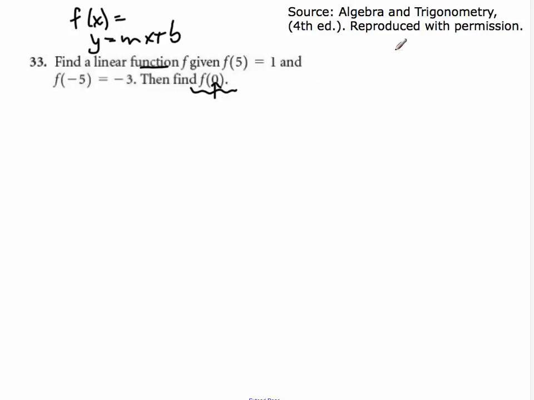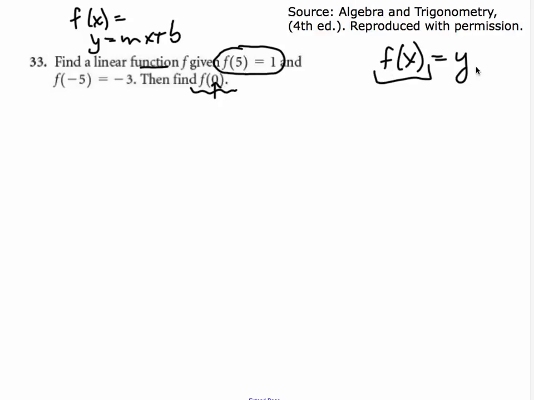One of the things with functional notation that is a little funny is that this is a statement that's true: every time you see an f of x, that whole thing is equal to y. Just like here, I sort of replace them interchangeably. But that can also help us determine some things. Like here, f of 5, the value of the function when you plug a 5 in for x, is equal to 1.